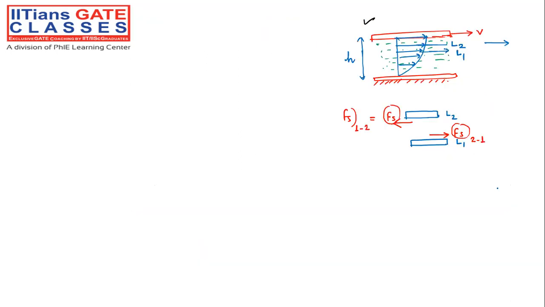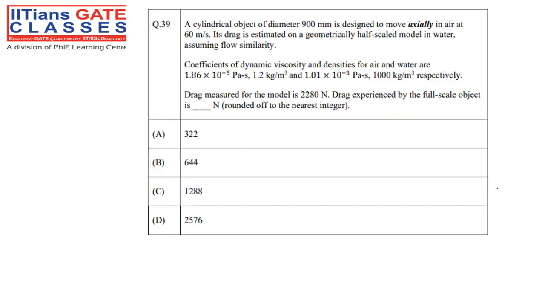Now, let us move to the next problem that has been asked from dimensional analysis and similarity. In this problem, just try to observe. A cylindrical object of diameter 900 mm, they have given the diameter, is designed to move axially in the air.